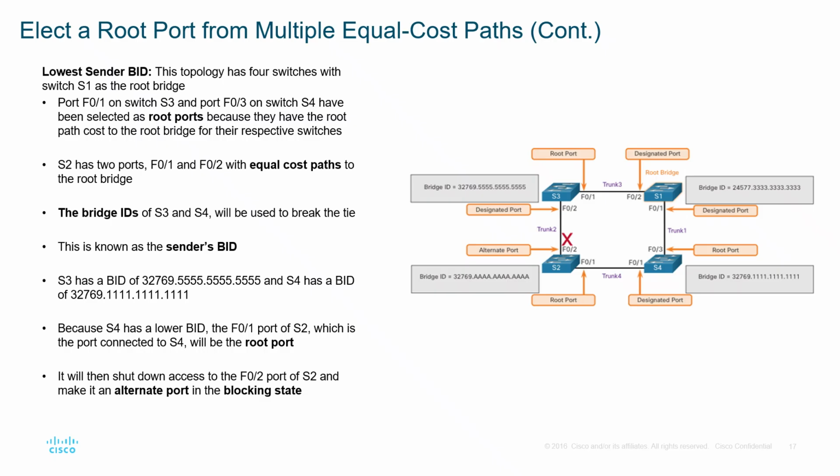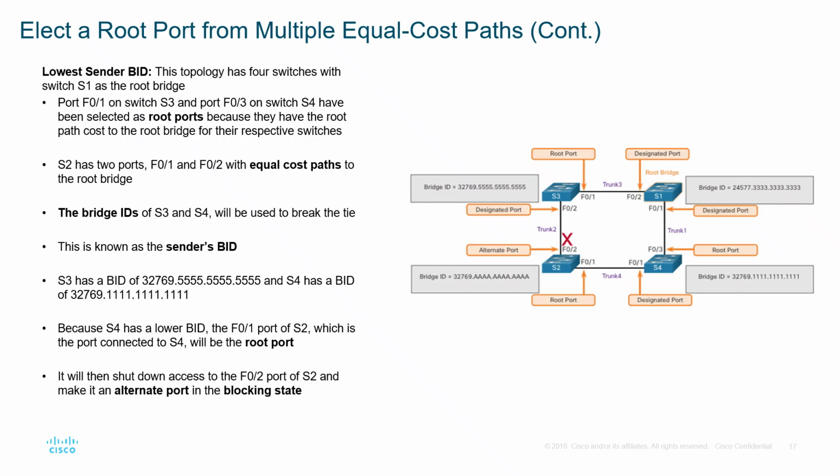This topology has 4 switches, with switch S1 again as your root bridge. Port F01 on switch 3 and port F03 on switch 4 have been selected as root ports because they have the lowest root path cost to the root bridge for their respective switches.